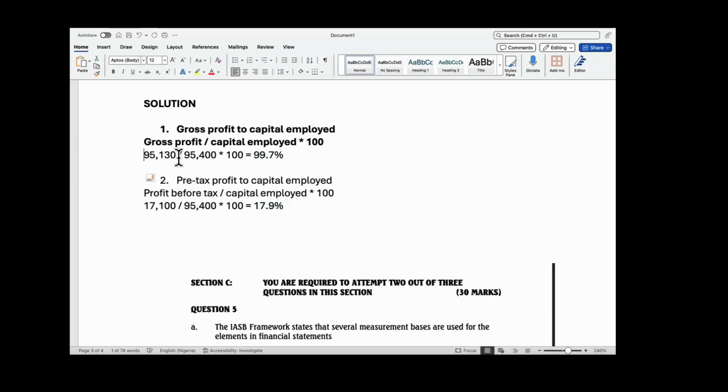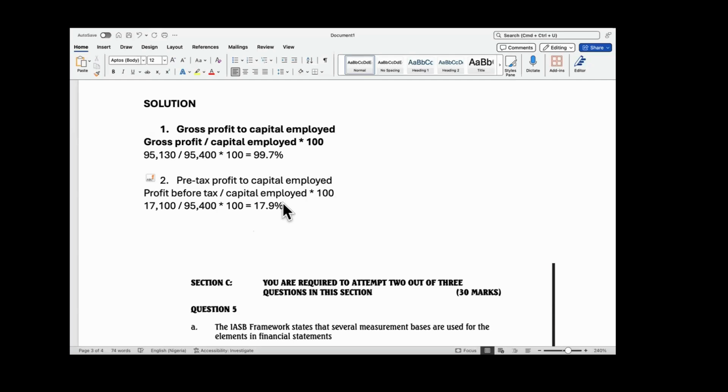What changed majorly was the gross profit and the pre-tax profits, which goes to show that the company is spending heavily on overheads, because their admin, distribution costs and finance costs have to be very heavy, which is why gross profit to capital employed is 99.7%, and pre-tax profits came all the way down to 17.9%. So those are points that we will need to note for our analysis.